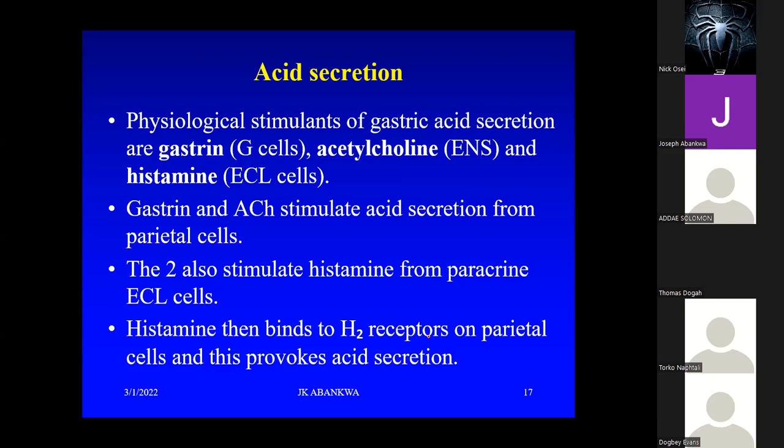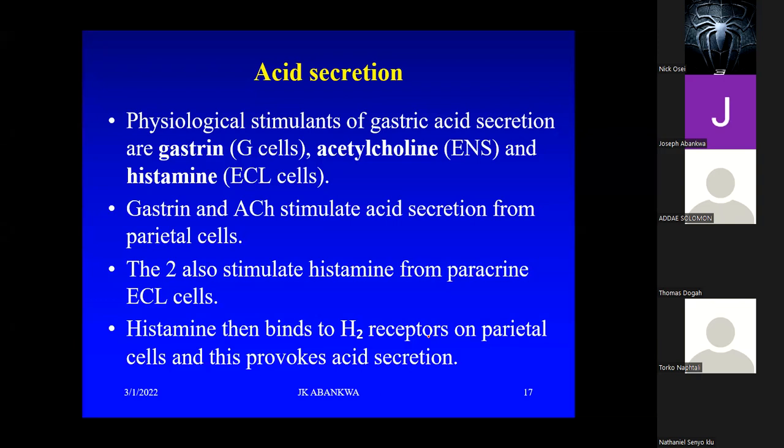So here we look at acid secretion, and the physiological stimulants of gastric acid secretion are gastrin, which is from the G cells, acetylcholine, which is mostly produced by the enteric nervous system, and histamine, which is mostly found on the enterochromaffin-like cells.